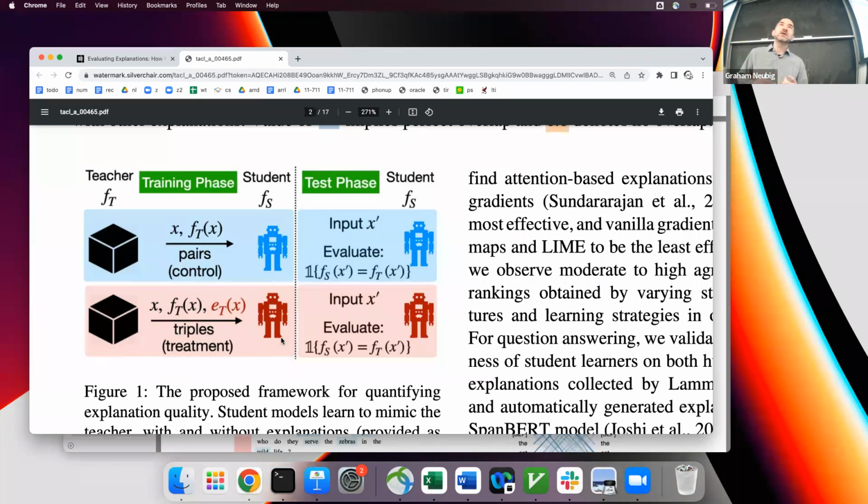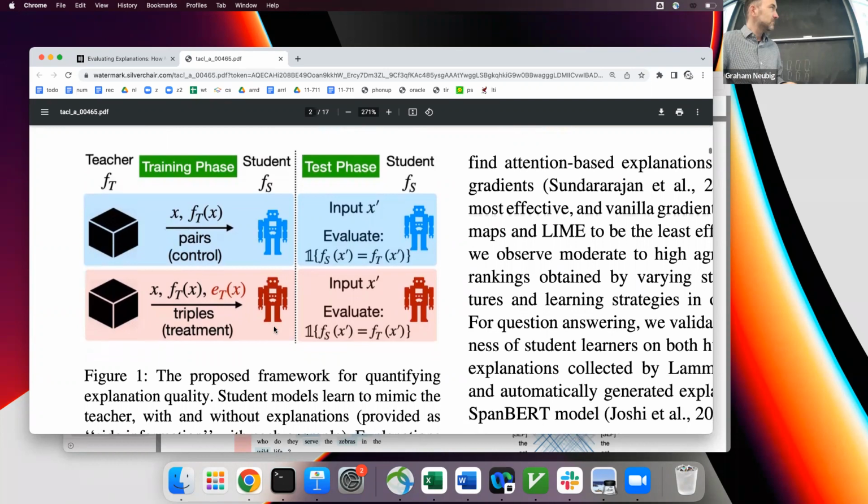So the idea is that, at least for humans, if we give a really good explanation, they quote unquote understand very quickly and would be able to simulate the model's performance. And we basically do the same thing where we have a teacher model. We teach a student model with either just demonstrations of the teacher model's performance, or with demonstrations of the teacher model's performance and explanations.